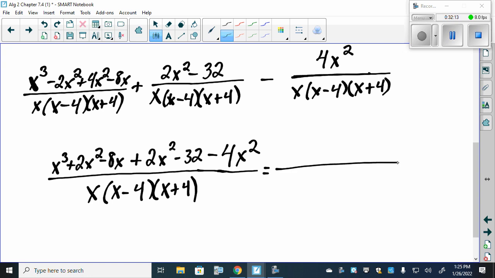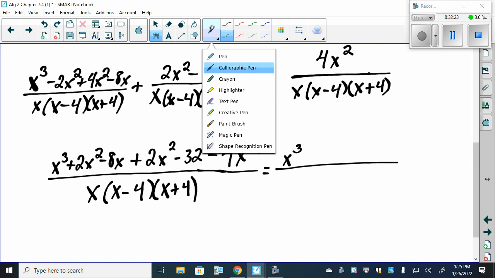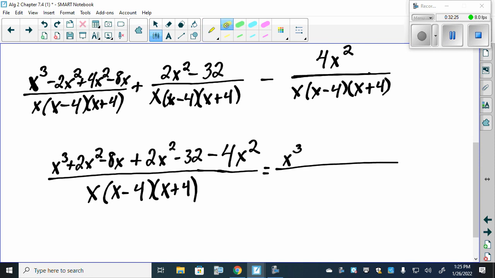Let's combine our like terms. Well, the biggest one we have is x cubed, but it's all by itself. Now we can combine our x squareds. Well, we have 2x squared, as I colored over the top of it apparently. Because we have our 2x squared plus 2x squared, because 2x squared plus 2x squared is 4x squared, and 4x squared minus 4x squared is 0.